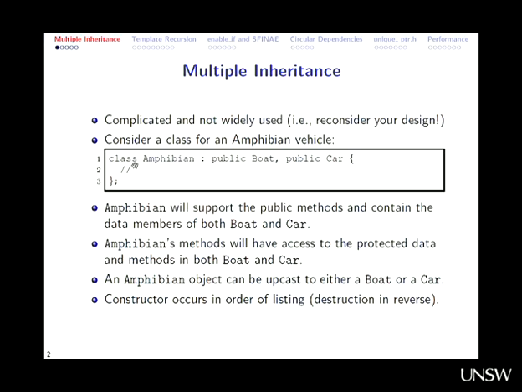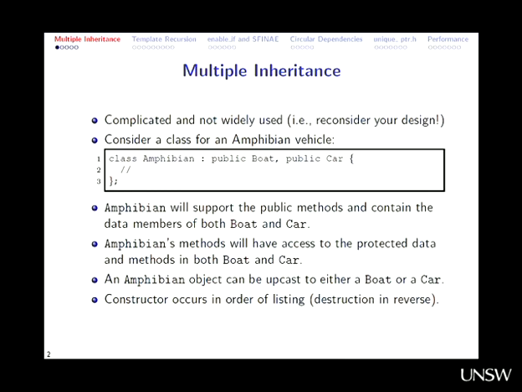So if we have this code and this class amphibian that inherits both boat and car, it supports the public methods and also contains the data members of both boat and car. It has access to the protected data and methods inside those as well. And the amphibian object can be upcast through references or pointers to either a boat or a car.